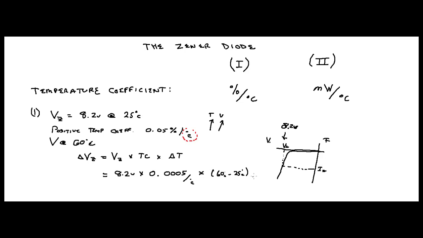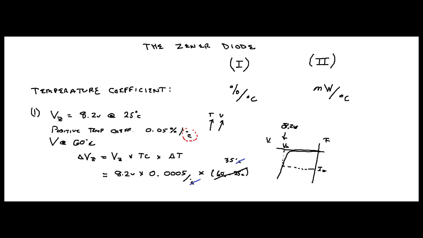So this is going to be 35 right here, right? So I'm just going to say this is 35 degrees C, all right? Notice how we wrote it, that your degree C here cancels with your degree C here, right?